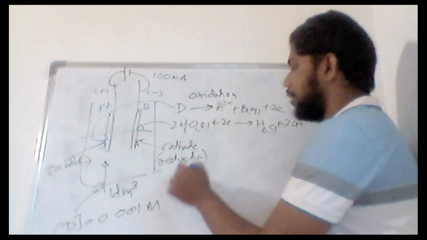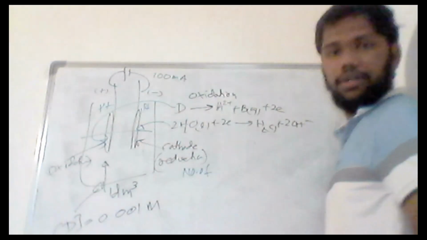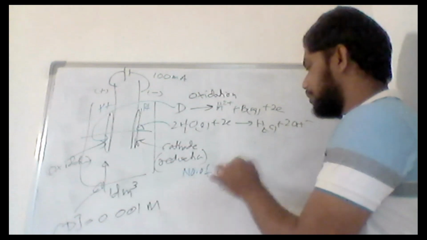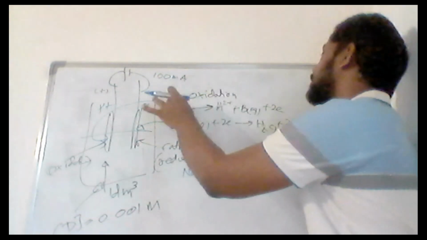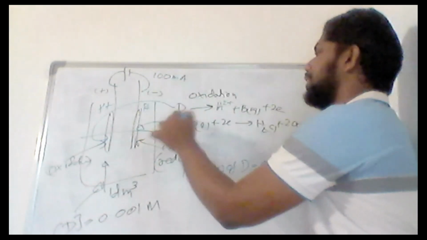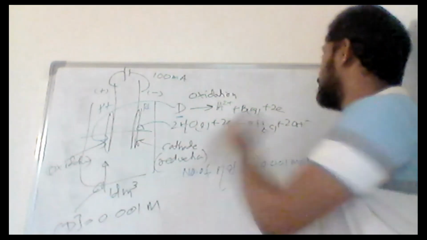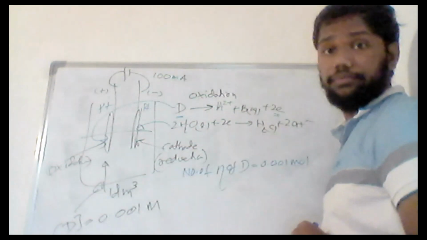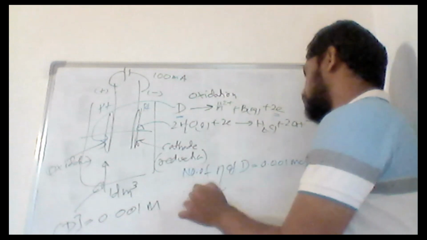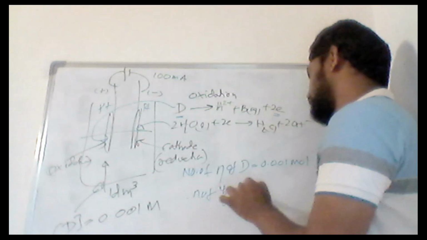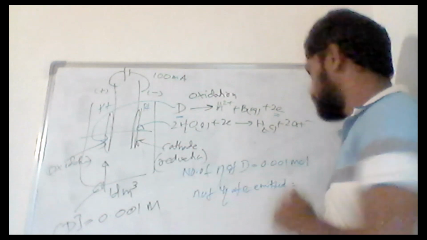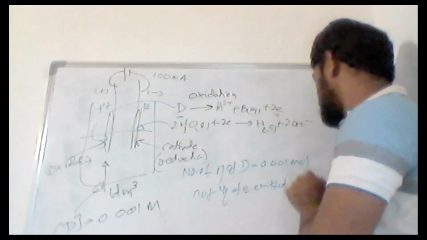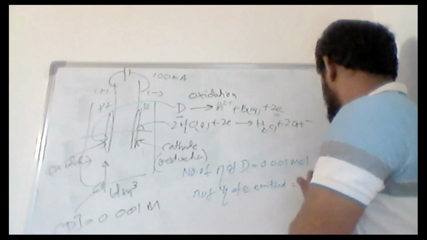So the number of moles of D is 0.001 mole. Then according to the stoichiometry of this oxidation, 1 mole of D produces 2 moles of electrons, therefore the number of moles of electrons given should be 2 times this. So it is 0.002 moles.